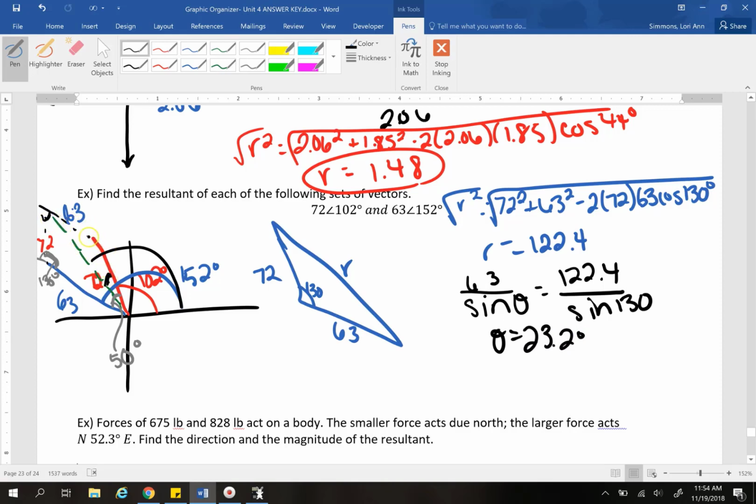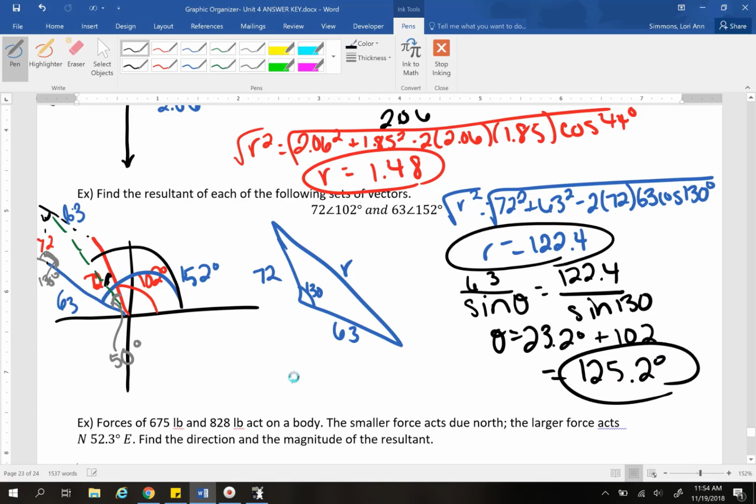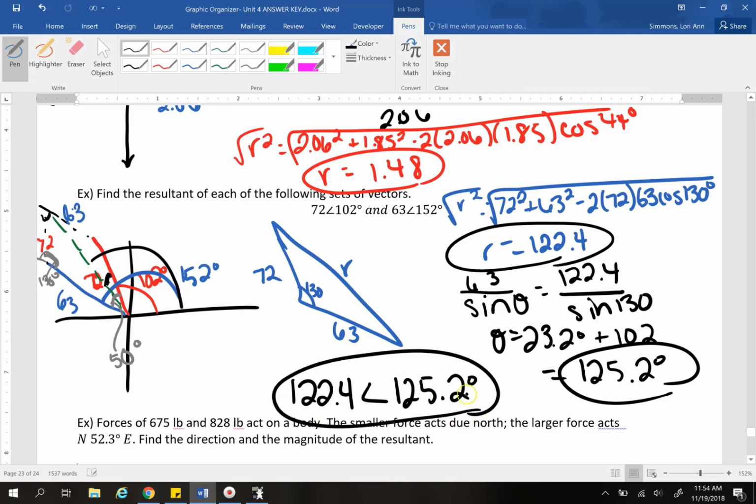You could have just used this triangle. This is 130 up here. And then we need to start from the standard, so we need to add 102 to it. So our angle is 125.2 degrees. And if you would have done this the old way, or the way that I taught you in the adding non-perpendicular vectors lesson, you would have got this answer as well.